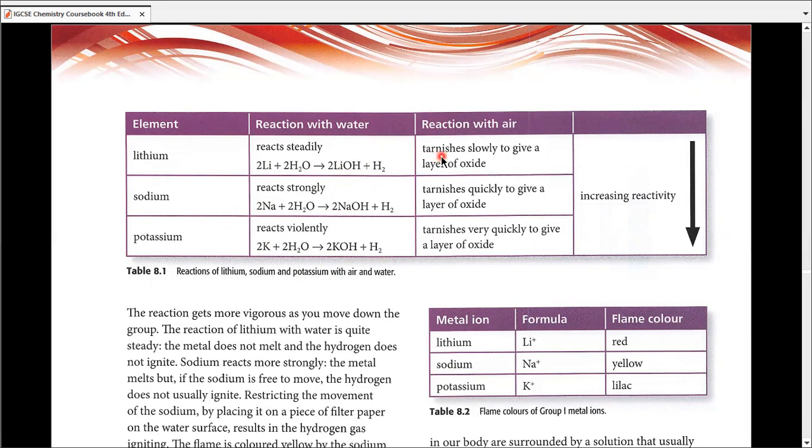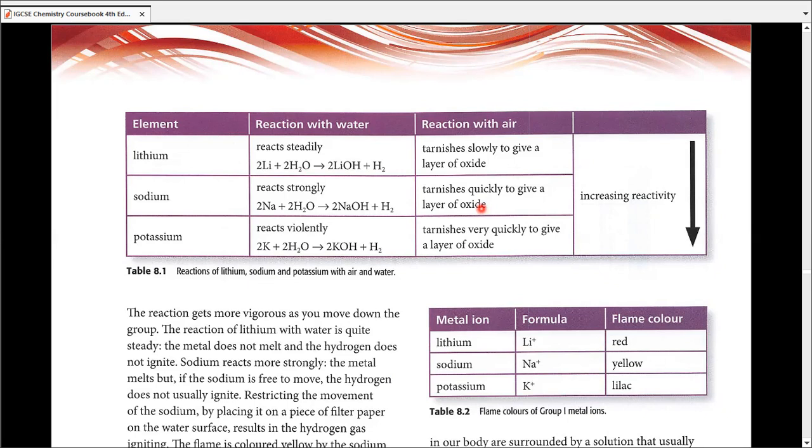Tarnishing is a process in which the shiny layer, after reacting with oxygen, changes its color. But that happens slowly with lithium because its reaction speeds are slow, stronger quickly with sodium because they are somewhat fast, and very quickly with potassium because they are very fast with potassium.